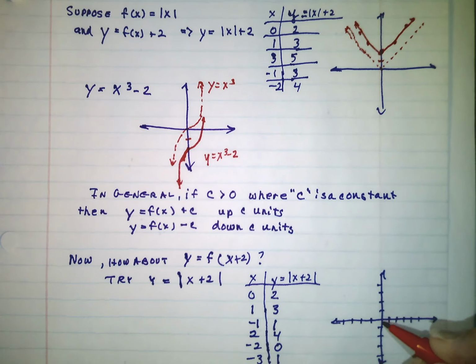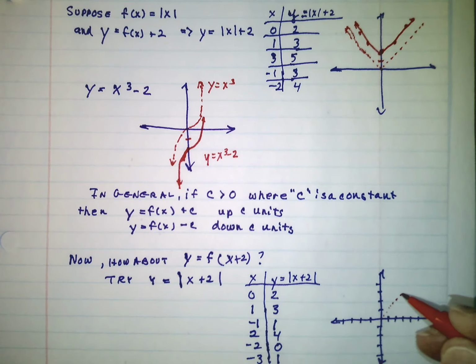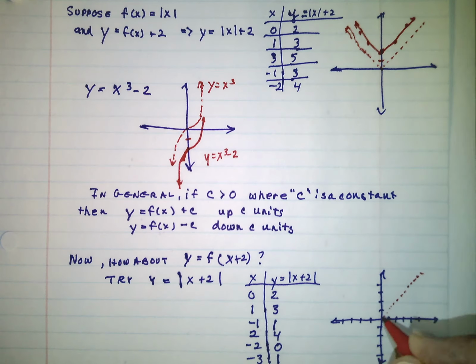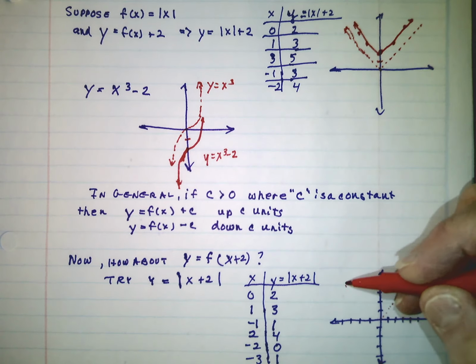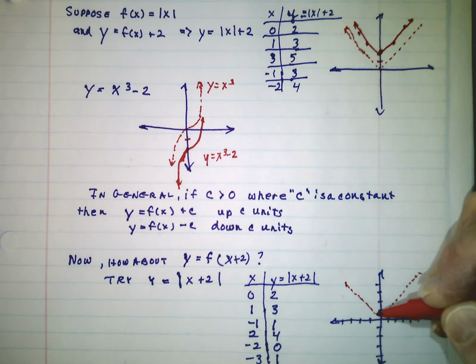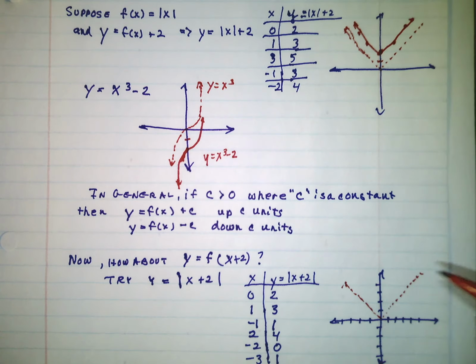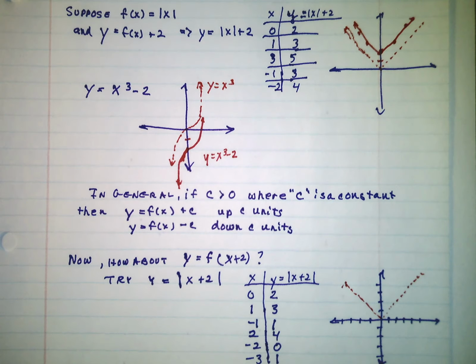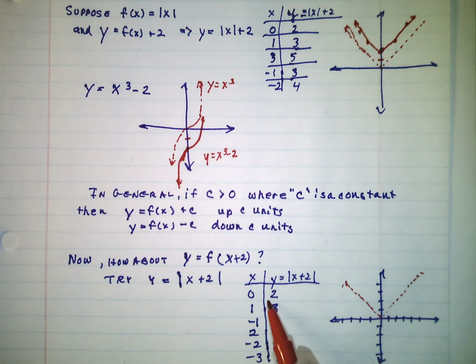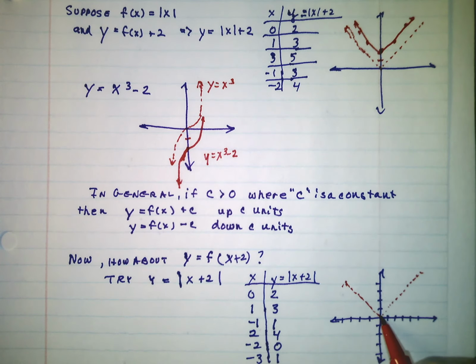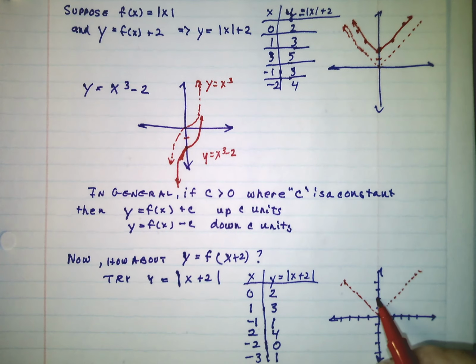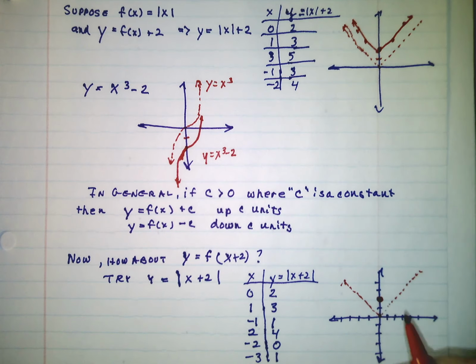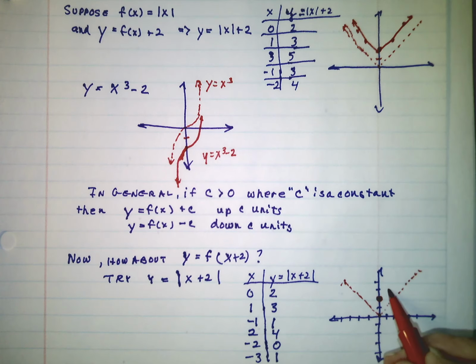Well, the original absolute value graph is supposed to look like this. And according to our table here, 0 for x is going to have a 2 for y, and 1 is going to have a 3, and negative 1 is going to have a 1.